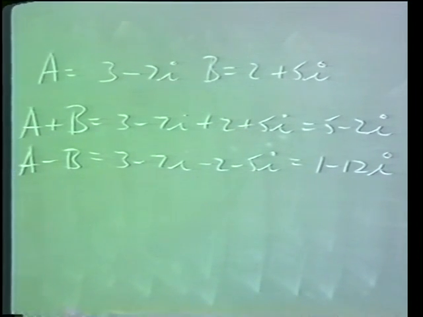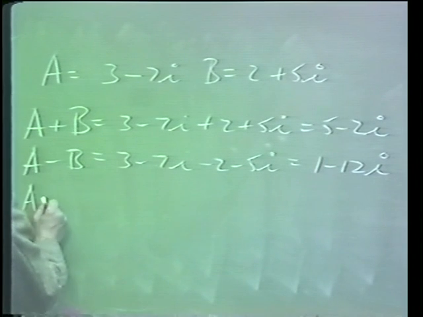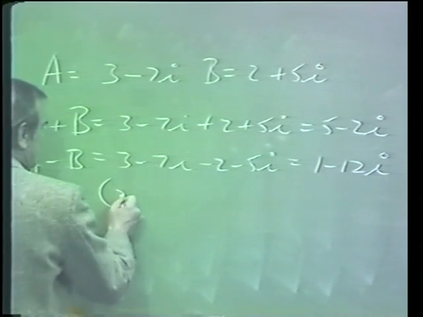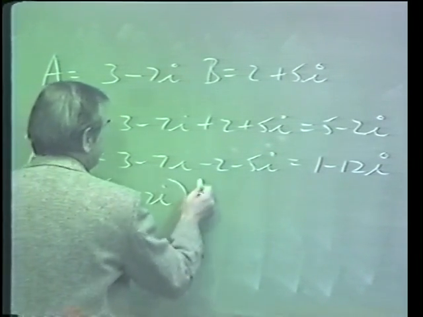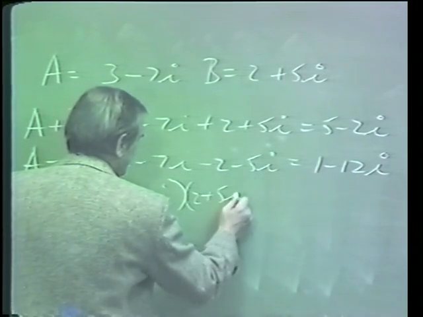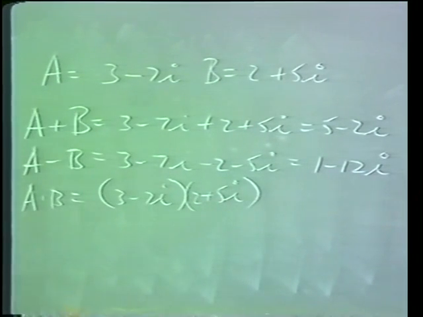Nice, simple. A times B. Well, what that means is 3 minus 7i times 2 plus 5i.